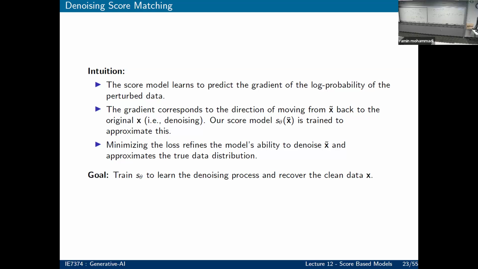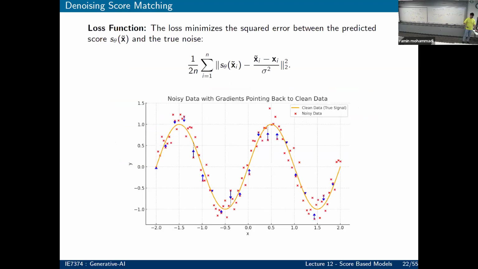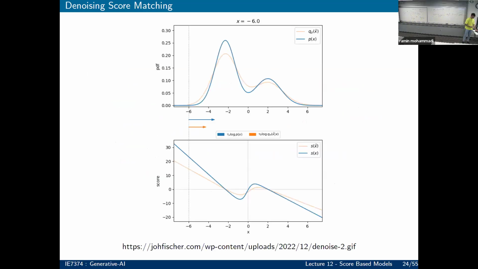Our goal is to minimize the gap between the score that we have and the actual gradient vector field. We solve this with respect to theta, the parameters of the score model. So we try to optimize for that because in the cost function, the only part that has theta is the score model.